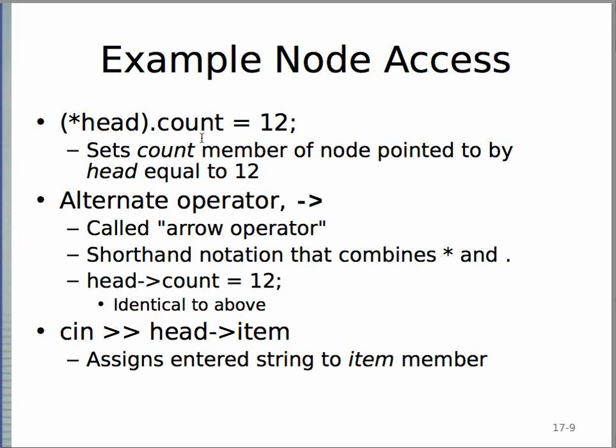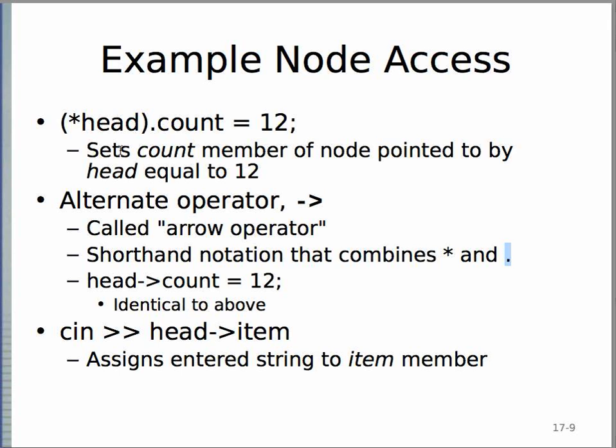So you can assign values, you can print out, for example, the count and so on by using this notation. The alternate, which is what we used in the examples in the last few videos, is the arrow operator. This combines the dereferencing and the dot operator to access data members of a struct or a class.